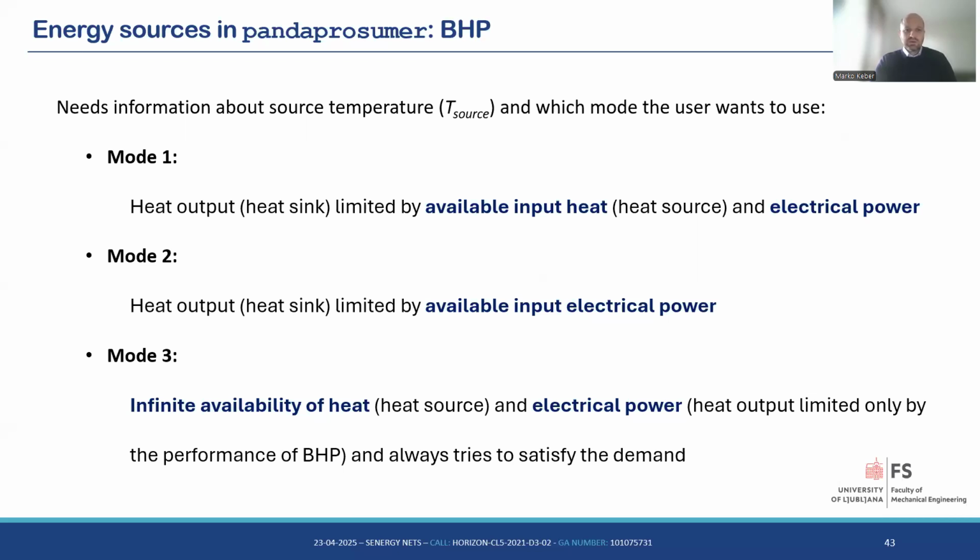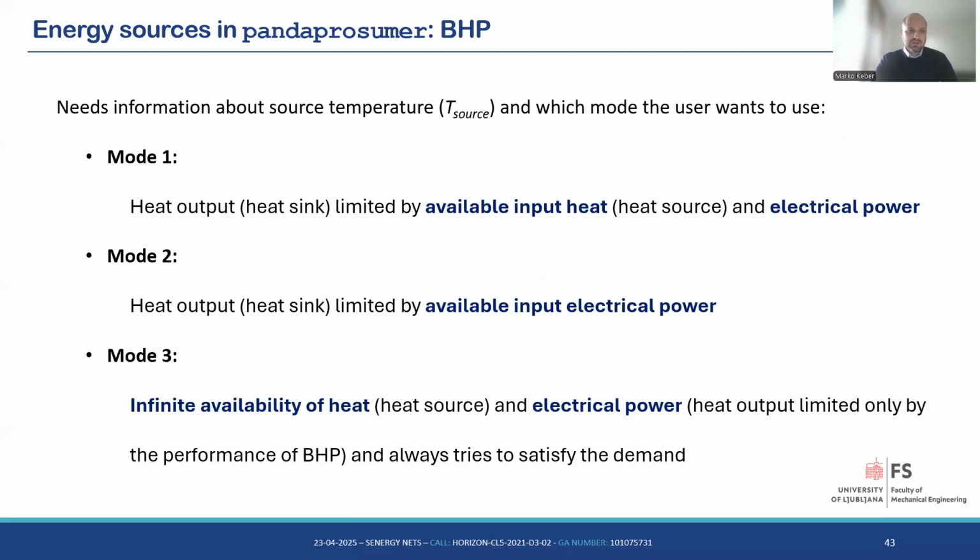Mode 2 will only use the electrical energy that is provided. So if there's limited electrical energy, it will have obviously a limited output, but the source temperature or the thermal energy will come from the environment where it is installed.